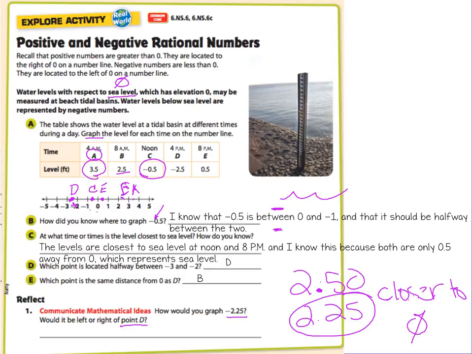Now, I know that 25 is halfway between 0 and 50. So in this case, I know that that point is going to be halfway between the -2 and D. So I use what I know about 50 and 25, and I kind of use money to help me out to figure out where that would be graphed.